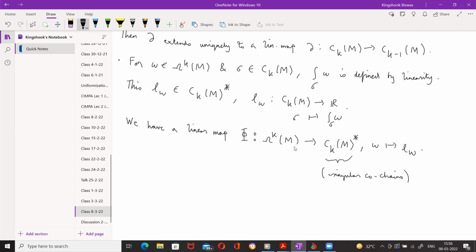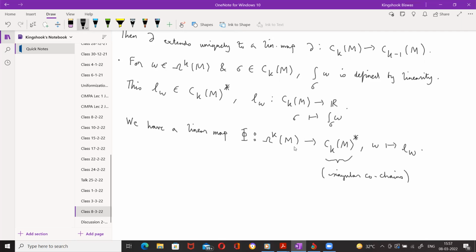So to finish, let me just say that we used this to define a homology. We're not going to need homology for now. For the homology, you look at the k cycles, the chains whose boundary is 0.